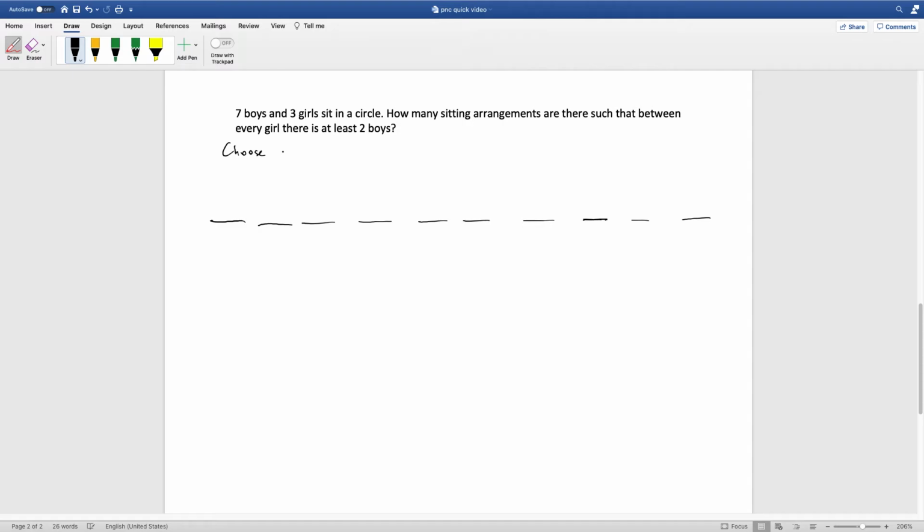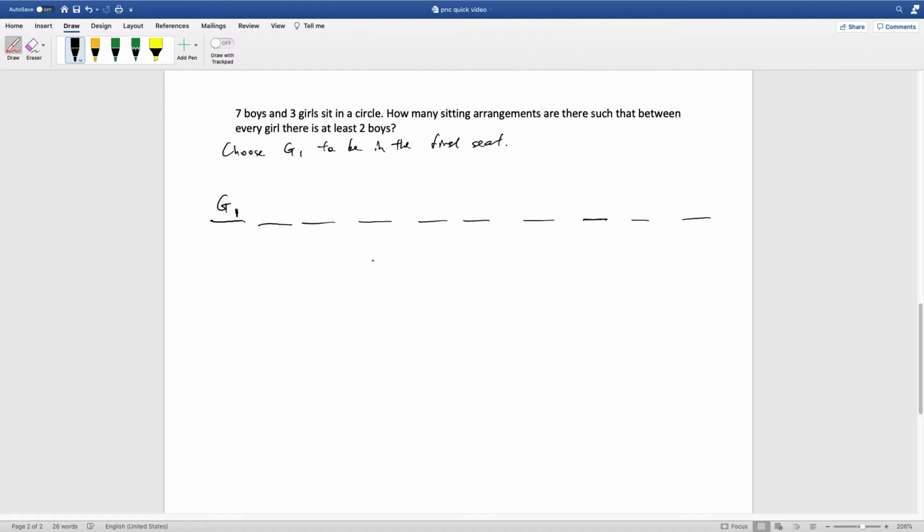So we choose girl 1 to be in the first seat. So girl 1. Now how many other ways? So now that I fixed girl 1 in the first seat, the only question remaining is, how many ways are there for the remaining 2 girls and 7 boys to sit in the other 9 seats?